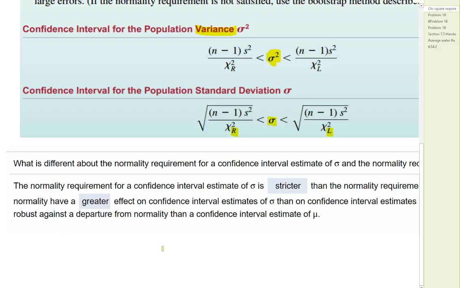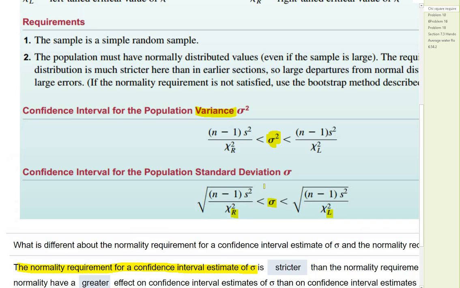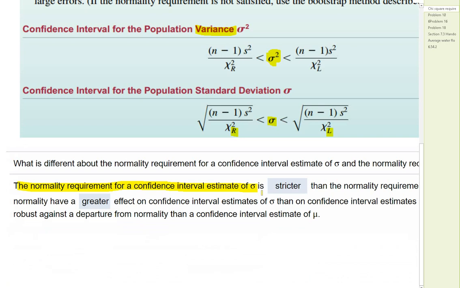Now there is one more thing that I want to point out about this, and that is something that's kind of essential. And that is this part right down here. You need a normal distribution to create this confidence interval. Now with our previous sections, section 7.1 and 7.2, population proportion, population mean, if you didn't have normally distributed data to begin with, sometimes, actually oftentimes you'll be okay, but here it's very important.